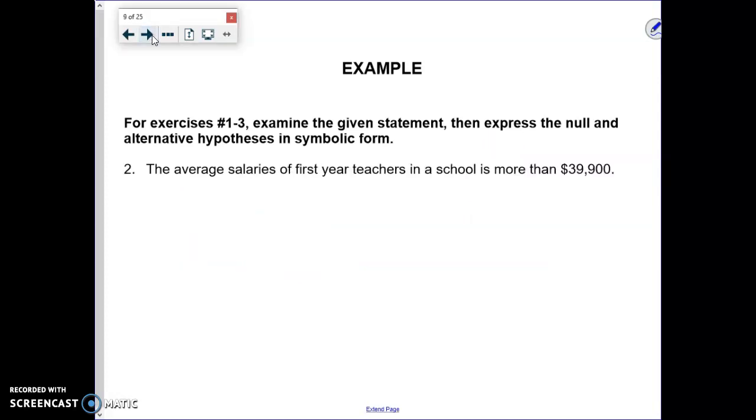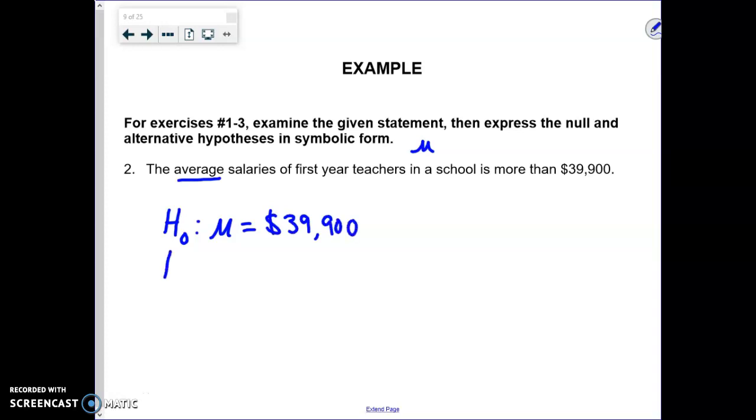It says here the average salary of first-year teachers in a school is more than $39,900. Well, again, we're talking about an average, so we're talking about a population mean. That would be part A. And then part B would be to set up your null and alternative. Our null, again, is the condition of equality: the average teacher salary is equal to $39,900.